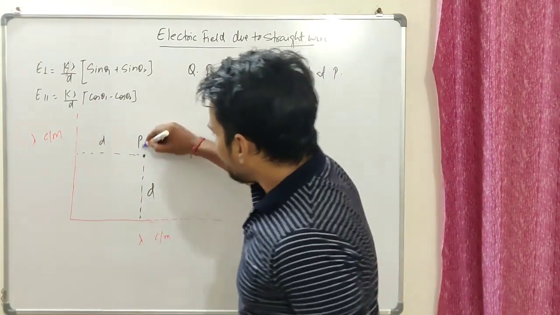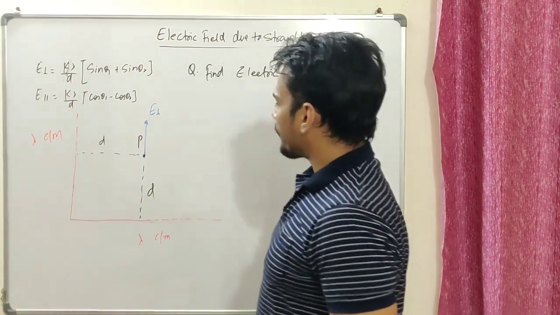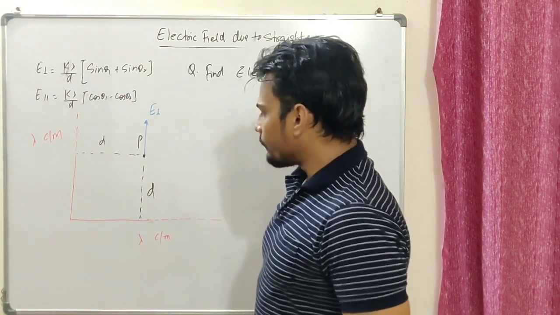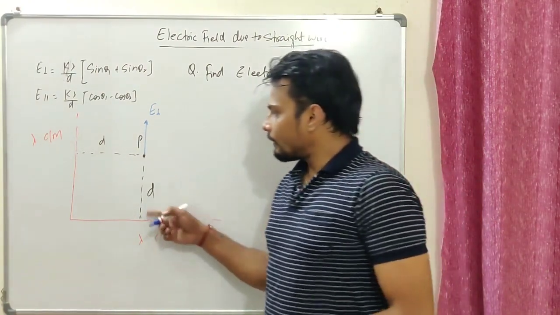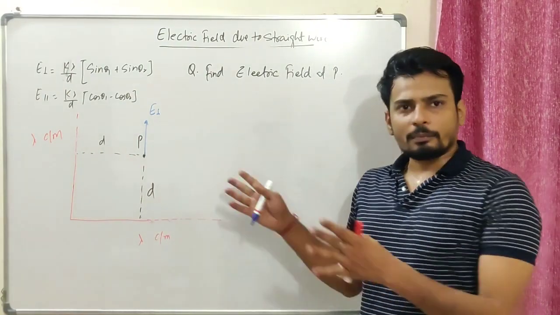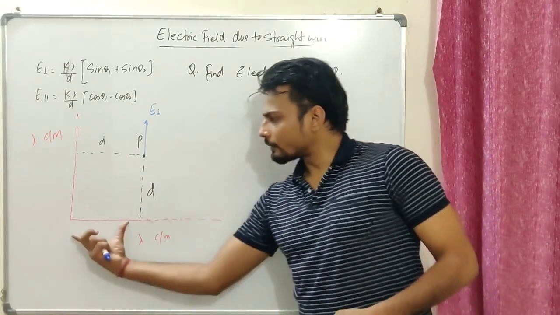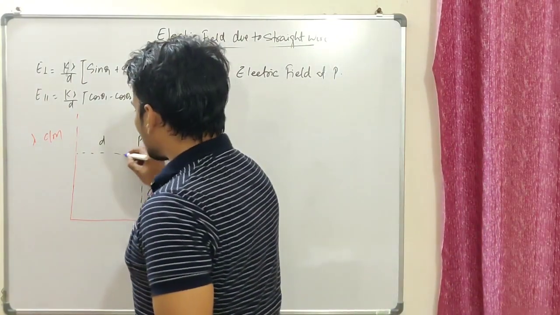Because of this wire, we'll have a component E perpendicular in this direction, and E parallel. It's semi-infinite, right? I'm sure you guys will agree that the parallel component should be towards the left, isn't it? Because on this side we have plenty of length to counter this part of the length. So the electric field parallel should be in this direction.